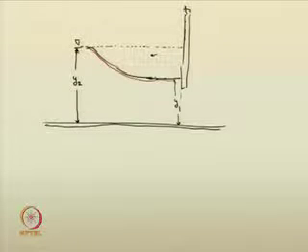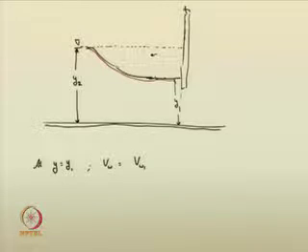You have already integrated them, but still, at y is equal to y 1, you have V w is equal to V w 1 and also V is equal to V 1 bar at this location.